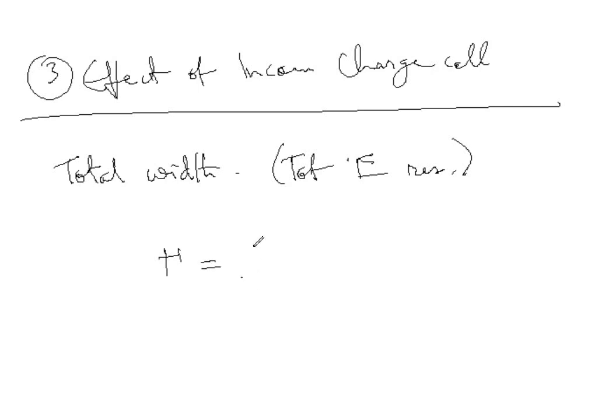Thus, we can write this as D plus N. Here we have included statistical as well as incomplete charge collection part, and here we have included the noise part. Okay, any questions?